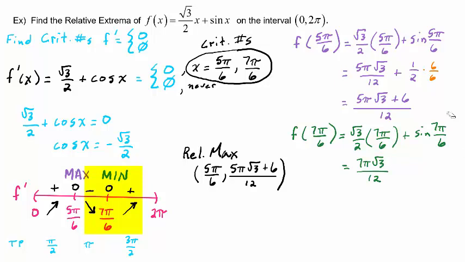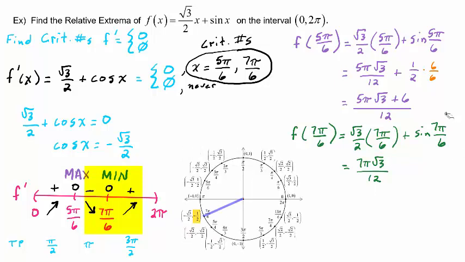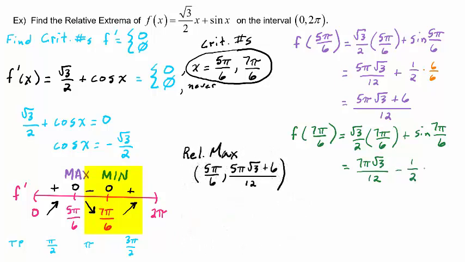And the sine of 7 pi over 6 is negative a half. So we subtract 1/2. Of course, we have to get the common denominator. So we multiply by 1 in the form of 6 over 6. And this becomes 7 pi radical 3 minus 6 over 12.